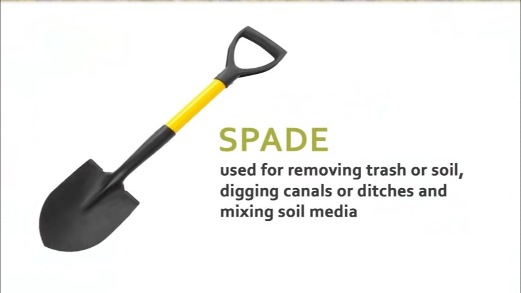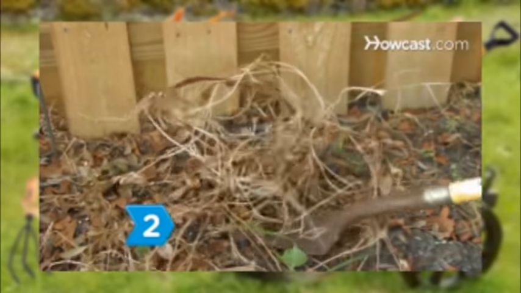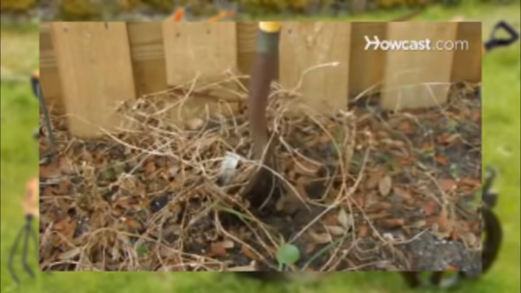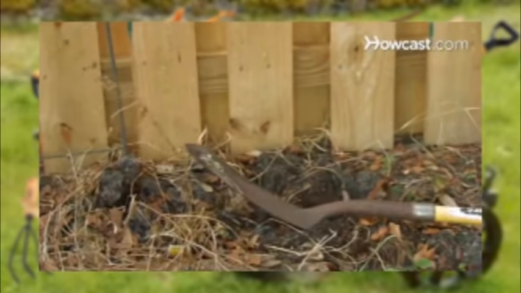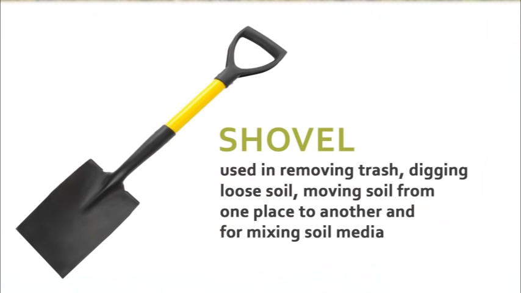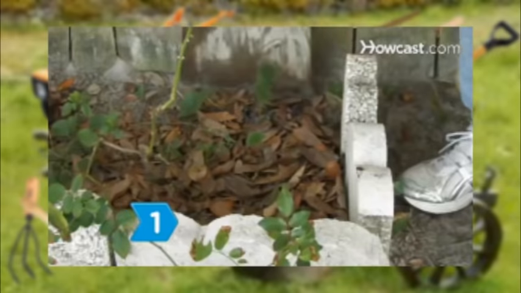Spade is used for removing trash or soil, digging canals or ditches, and mixing soil media. Shovel is used in removing trash, digging loose soil, moving soil from one place to another, and for mixing soil media.